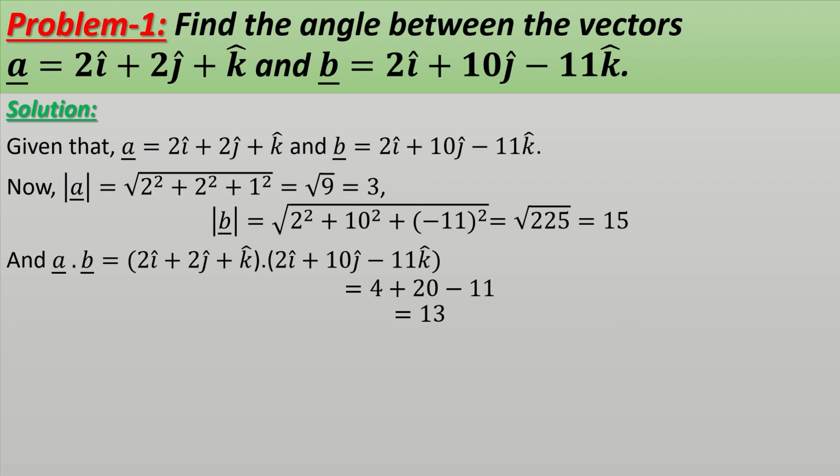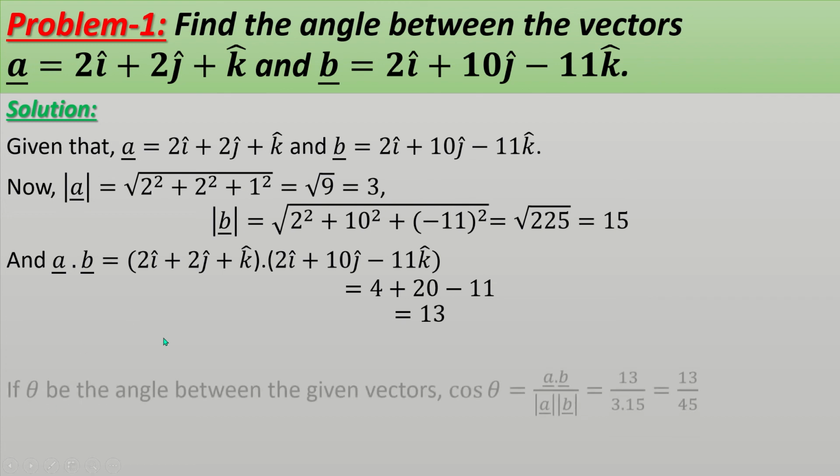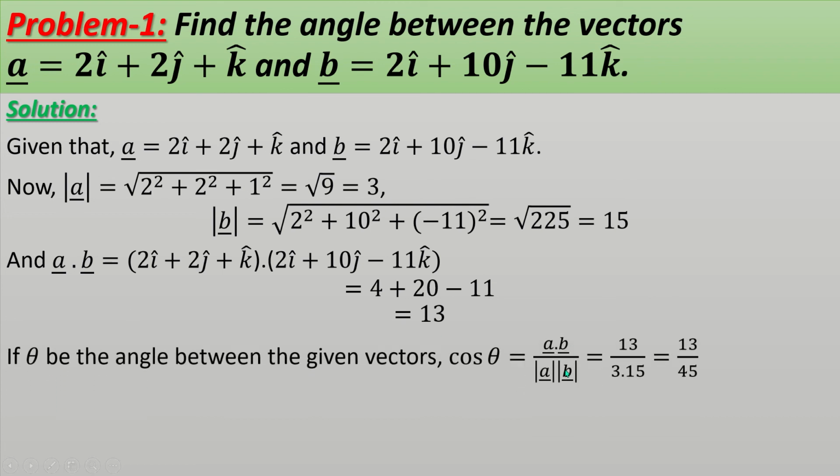So the formula is known, the math is very easy. A dot B divided by this is equal to this, that's when theta is equal to cos inverse of this. This is the required answer. Very easy. So related math you can solve, no problem. That will be homework.